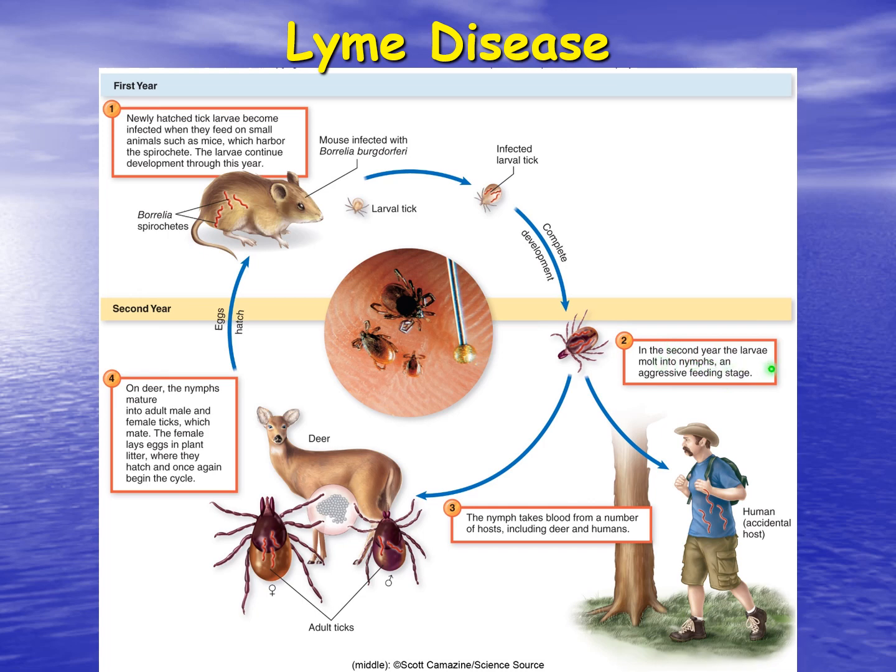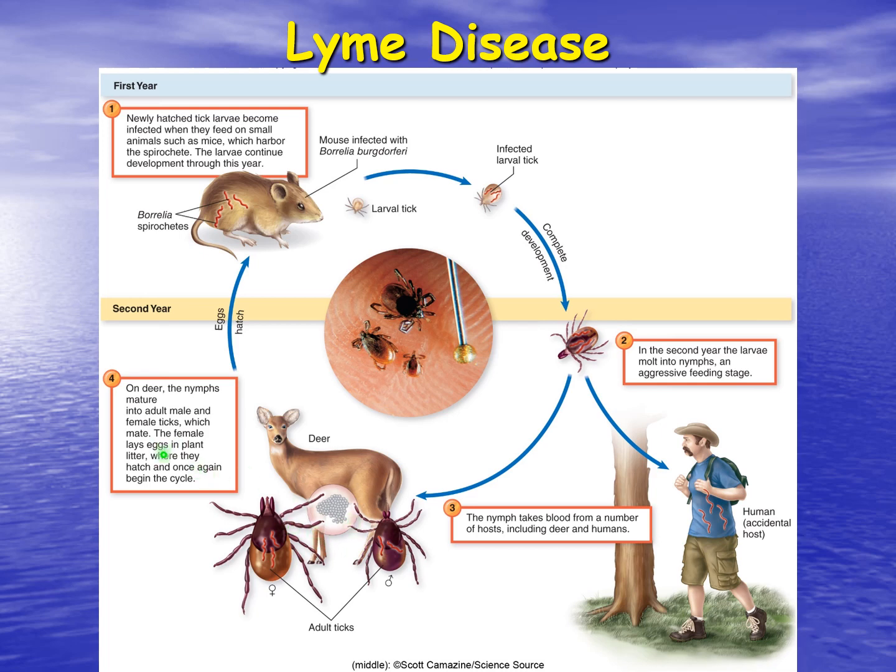So in the second year, the larva has molted into nymphs, and at this stage then, this is actually the most aggressive feeding stage. So the nymph will actually bite humans or other animals and could cause Lyme disease. The nymph will take a blood meal from a number of hosts, including deers and humans, and this will then allow them to develop into the adult male and female tick.